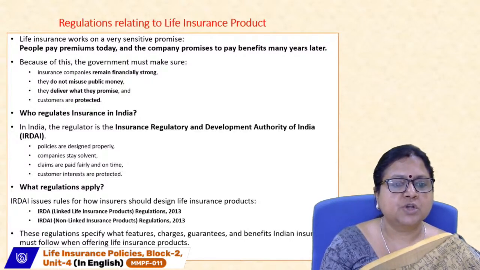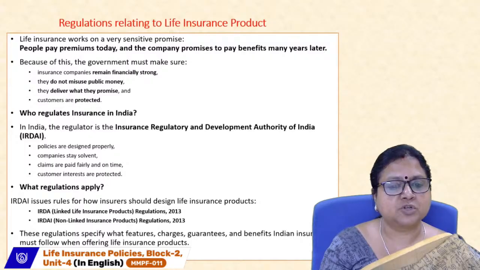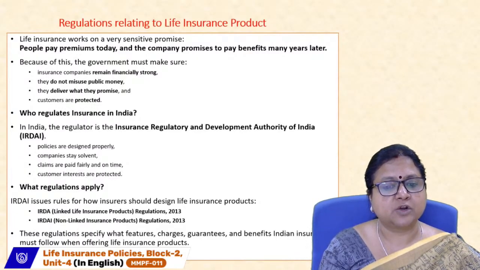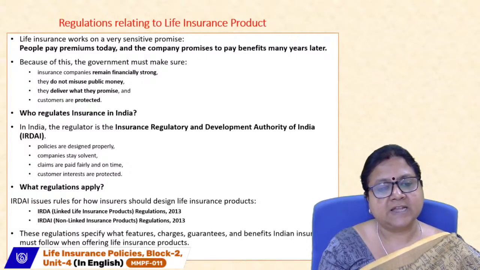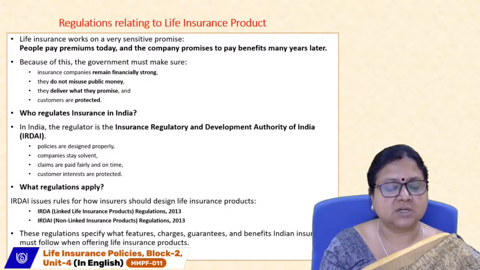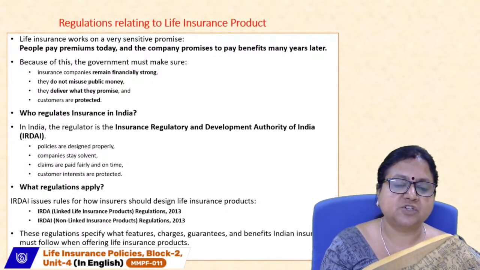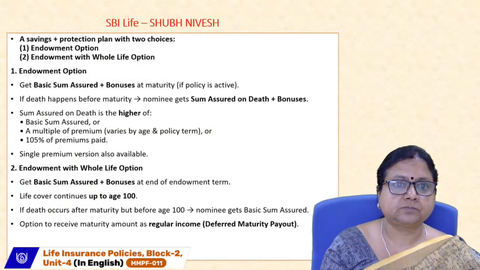IRDAI issues rules for how insurers should design life insurance products also: the IRDAI Linked Life Insurance Products Regulations 2013 and the IRDAI Non-Linked Life Insurance Products Regulations 2013. Within these regulations only, life insurance products are designed.